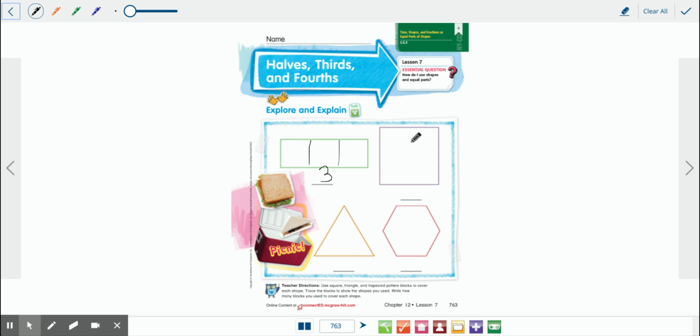How many square pattern blocks could I fit inside this square? If we laid them out, we would have 1, 2, 3, 4. 4 pattern blocks.